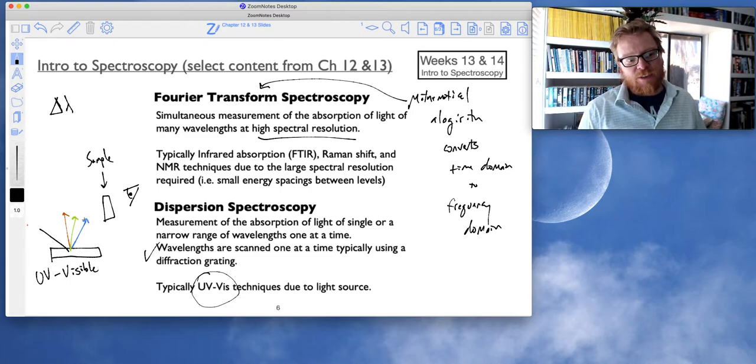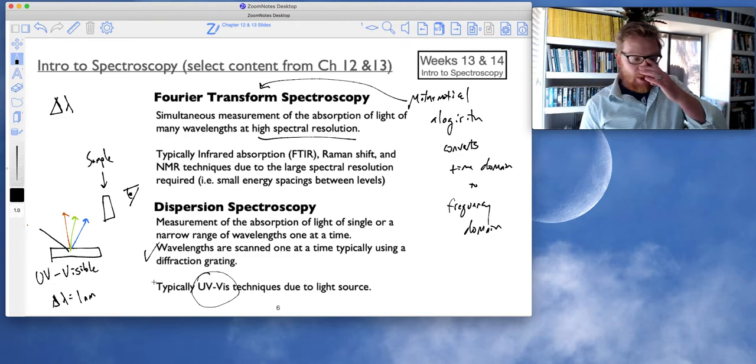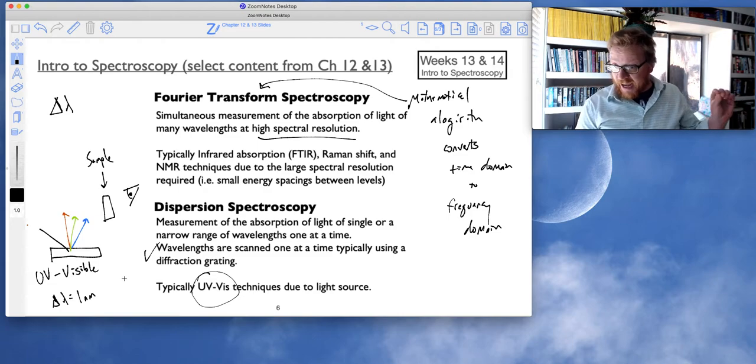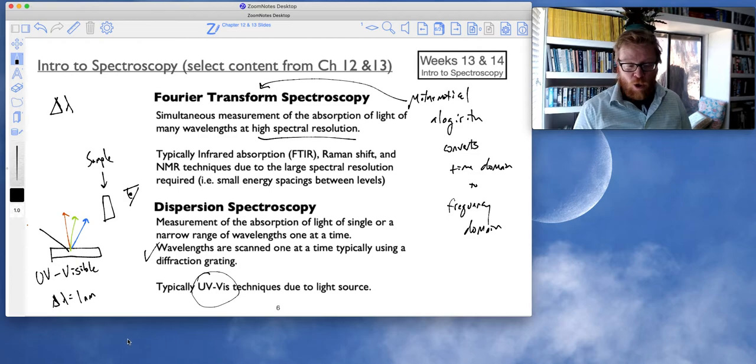In this dispersion technique, if let's say my delta lambda were equal to 1 nanometer, then each time I pitch that grating, I'm capable of resolving 1 nanometer from the next. For example, I could see a 532 nanometer photon, then I could see a 533 nanometer photon, then I could see a 534. Well, as it turns out, that 1 nanometer, which might sound small at first, is actually humongous.